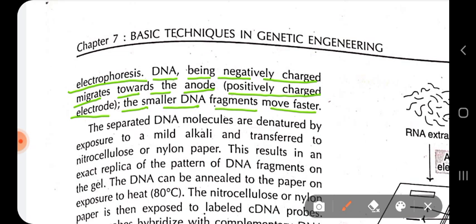A certain dye is employed for visualizing the movement of the bands. When we see them in the UV chamber after electrophoresis, the small DNA bands have moved faster than the large DNA bands.